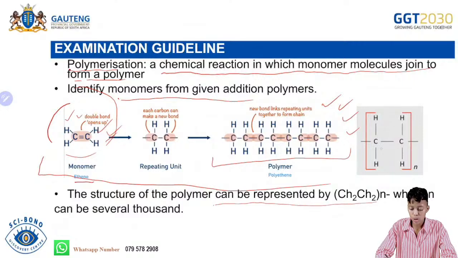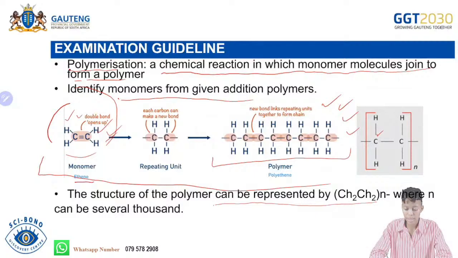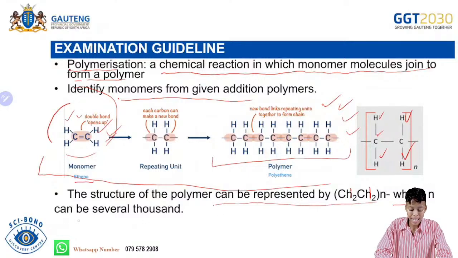By CH2 and n outside of the brackets. So the CH2, it's this carbon and the what? Carbon and the hydrogens. So CH2 and CH2. And then it says where n can be several thousand.